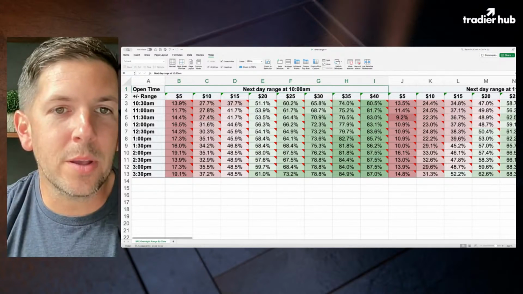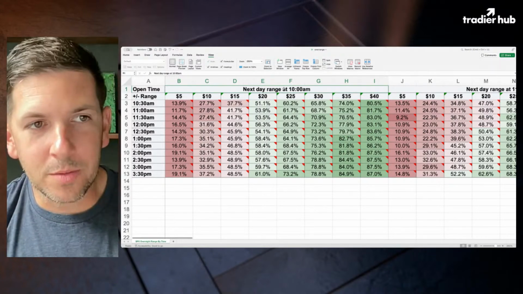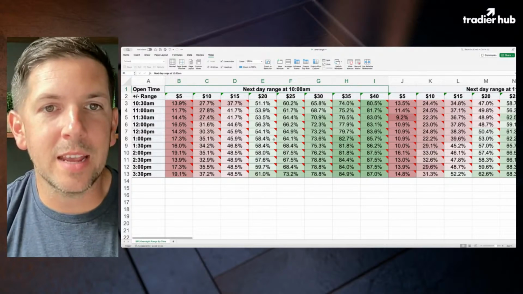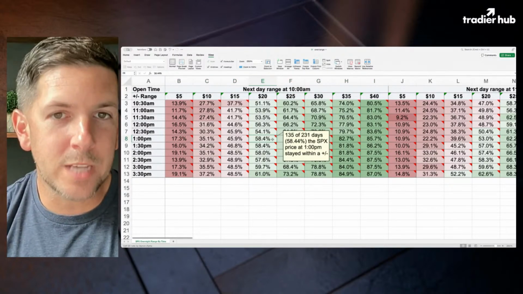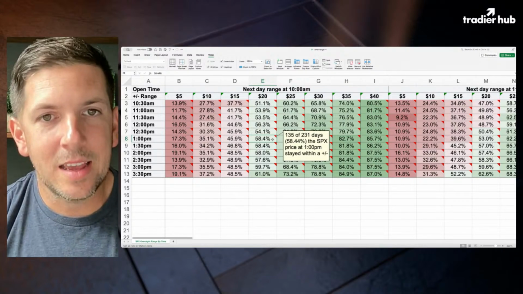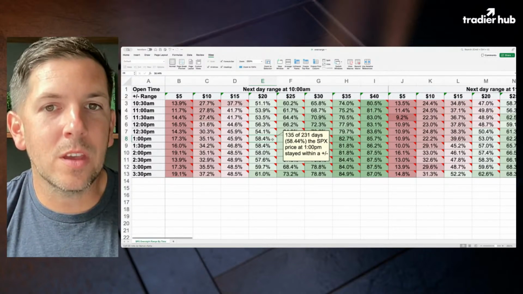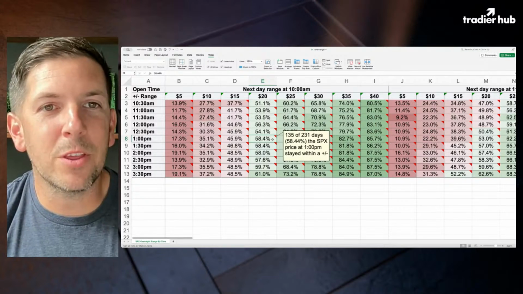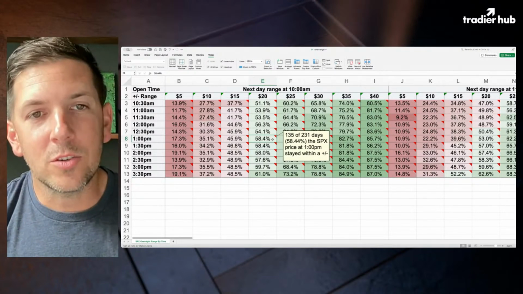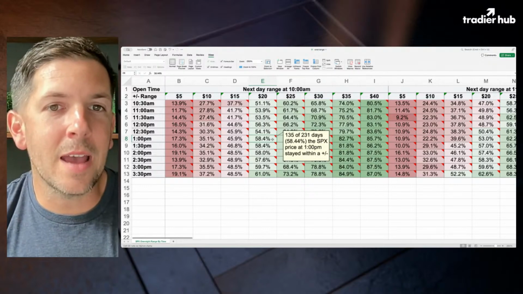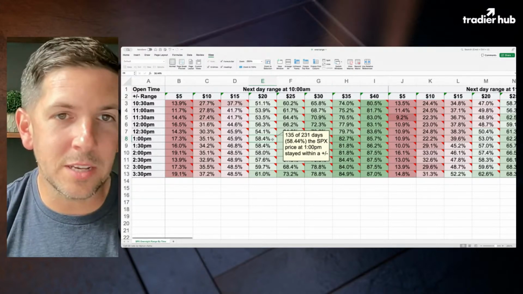If I marked the market price at 1 o'clock today, then checked back and looked at the market price at 10 a.m. the next day, then I would find that 58% of the time, the S&P price stayed within $20 of the 1 p.m. price yesterday. So again, 58% of the time, the S&P stayed within $20 of yesterday's 1 p.m. price.